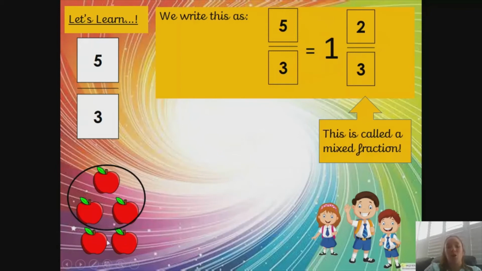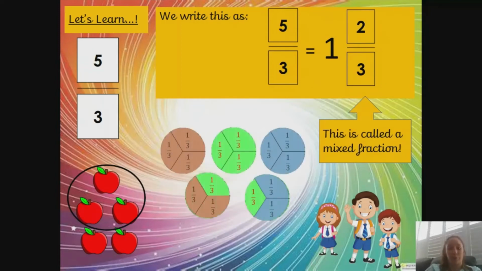Then we've got our 2 left over, which we have written here as number 2. We've still got our 3 at the bottom. So each child will get 1 whole apple and 2/3 of an apple.